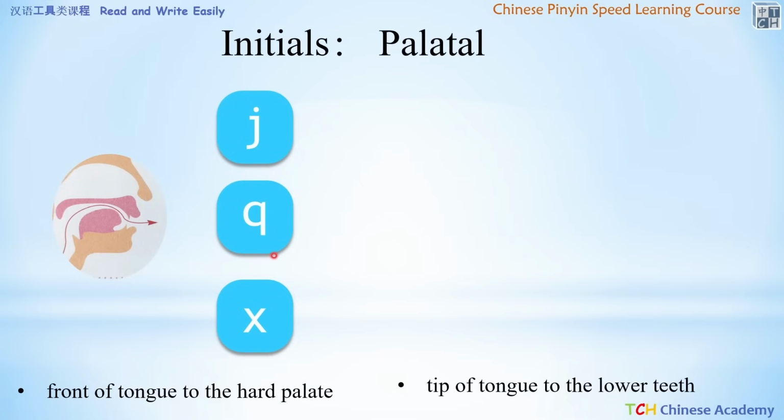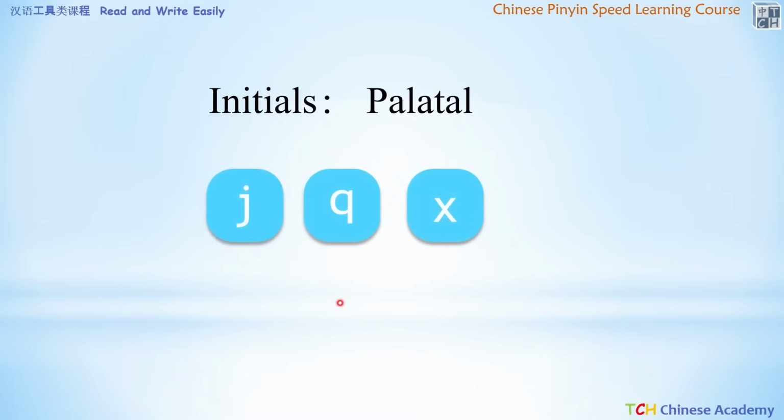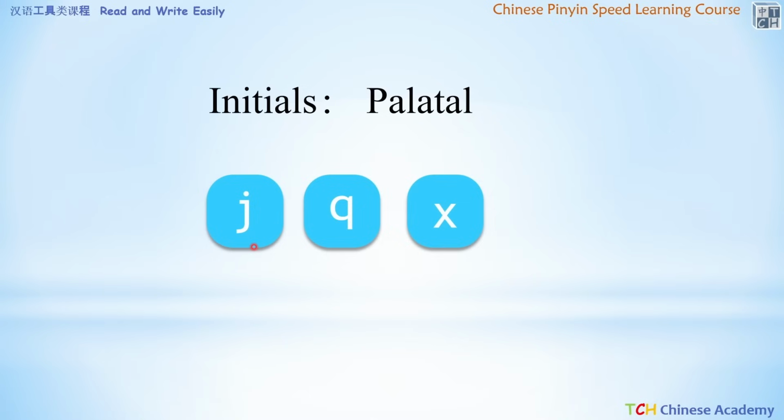But the difference is that when we pronounce ji, we need to squeeze air out. And qi, we need to force air out. And the last one, xi, just let the air flow out. Well, that's all for the 3 palatal initials, ji, qi, xi.